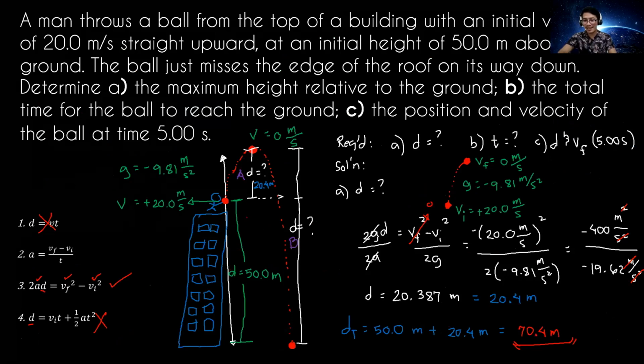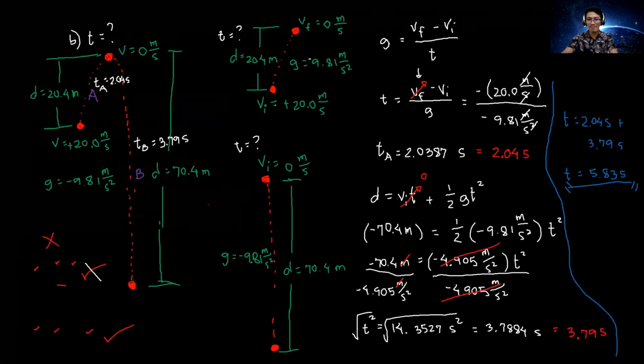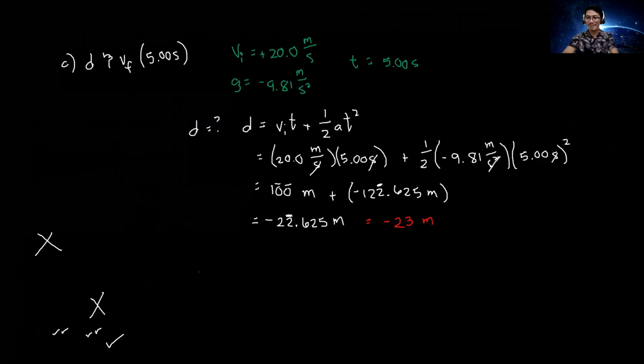Below. Kasi kapag lalampas yan ng 70.4, basta magawin mong answer mo, lampas og 70.4, that means there is something wrong. For example, makalimot kag butang diri og negative. Na positive ni mo na. So, kung na positive ni mo na, your answer will be 222 or 223 meters. Which is very what?